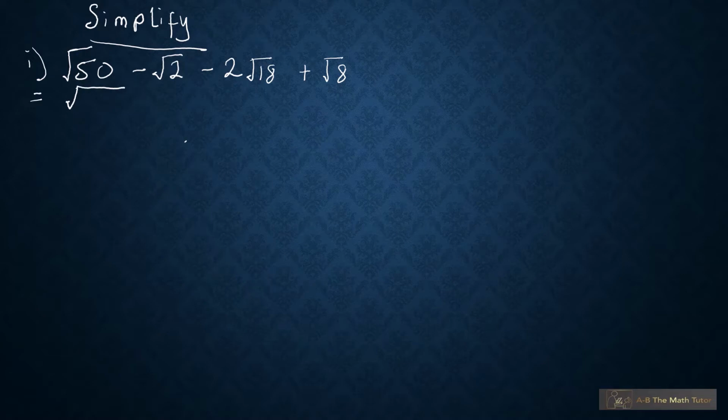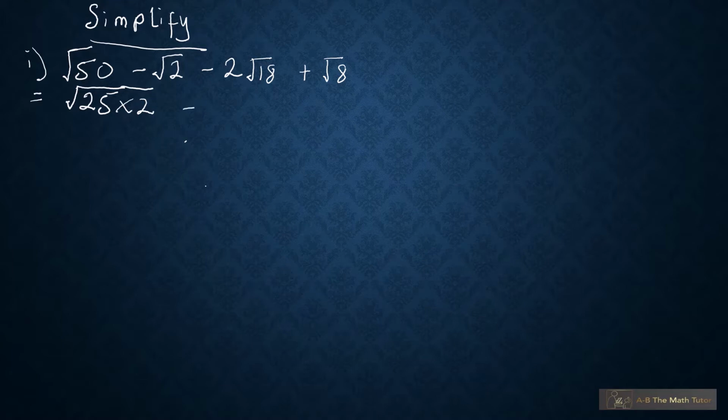What I mean by a perfect square is a number which will produce another whole number when the square root of that particular number is found. So the perfect square we can think of in this case will be 25. 25 times 2 will give you 50.